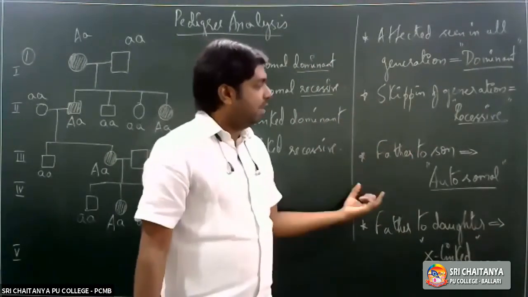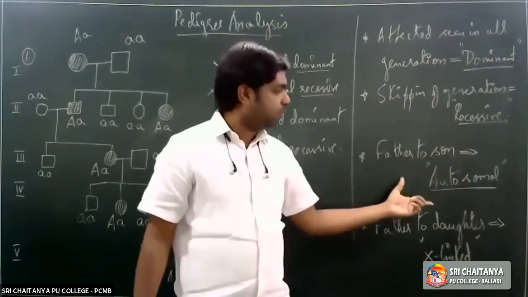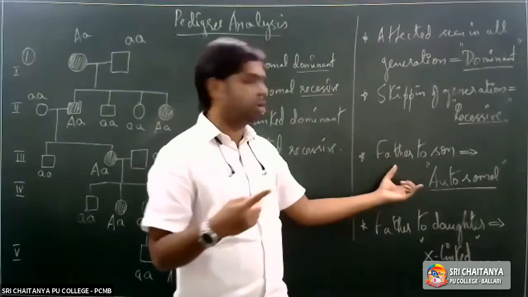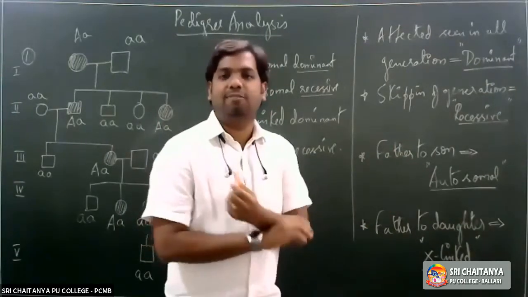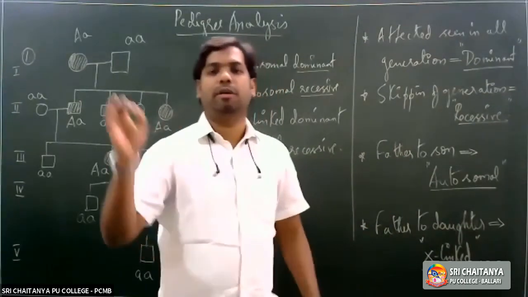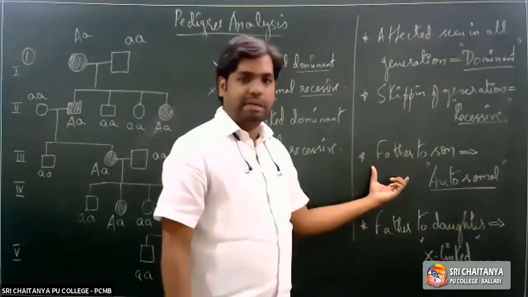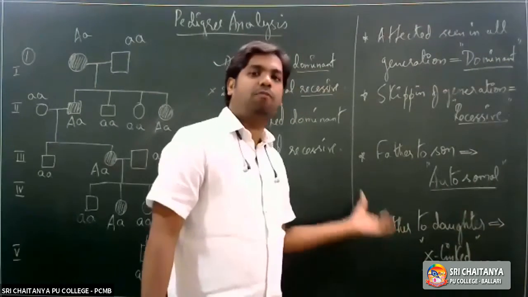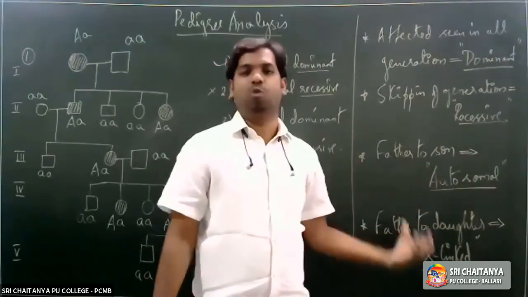Next, if the trait is passed on from father to the son, it is autosomal. And one more thing we can take for autosomal: if the affected father has an affected son and daughter in the same generation, we would consider it as autosomal. And for X-linked, if the trait is passed on from father to the daughter, then it would be X-linked.